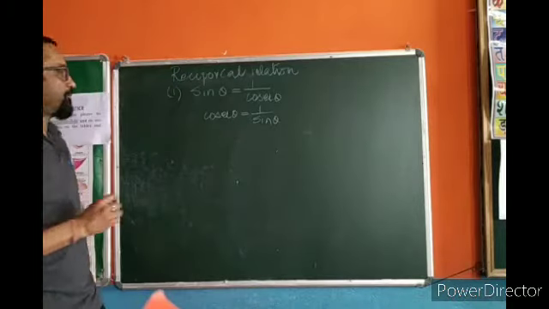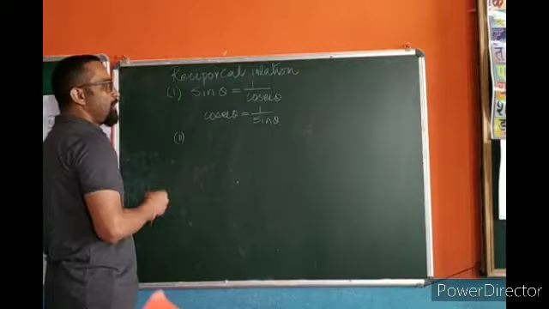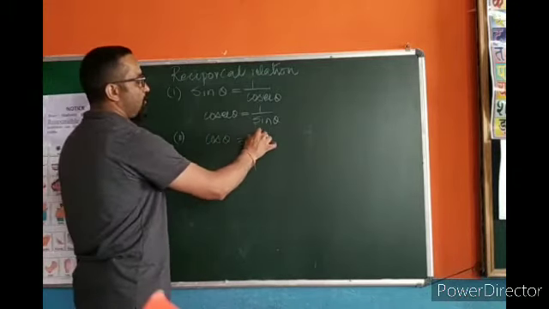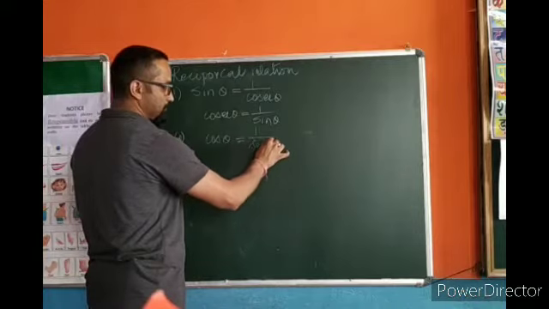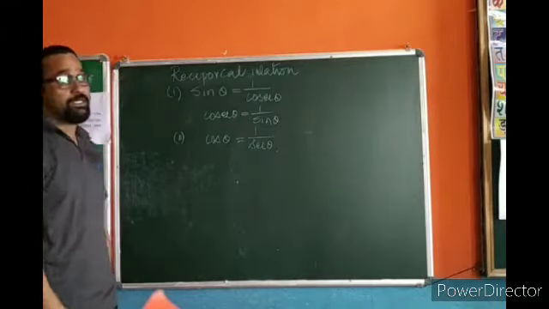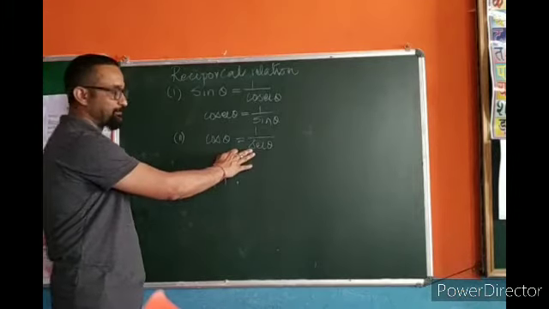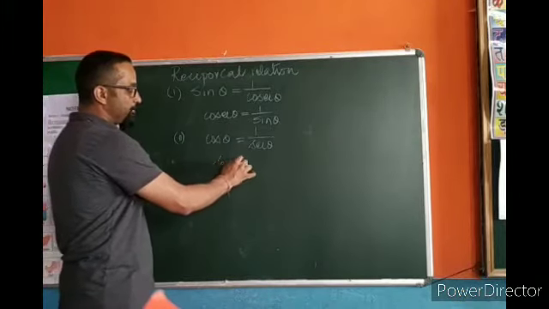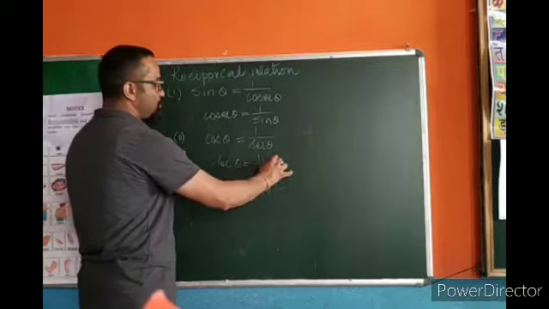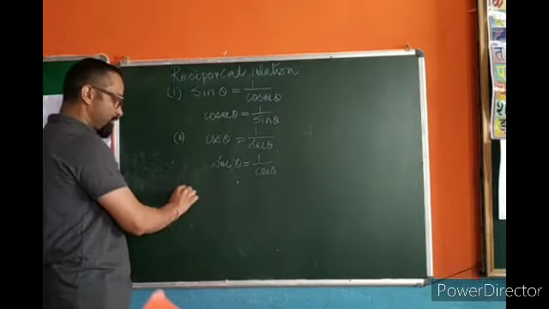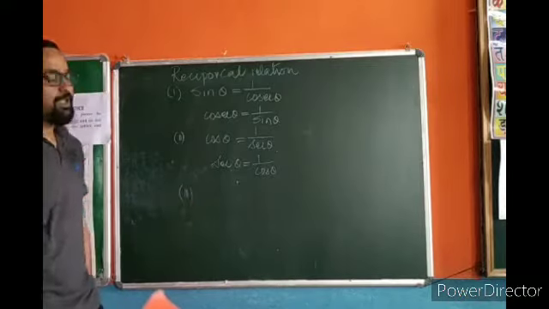First reciprocal relation. Second one is cos. Cos theta is 1 upon sec theta. Reciprocal relation between cos and sec. Similarly, we can write sec theta is equal to 1 upon cos theta. Third reciprocal relation.